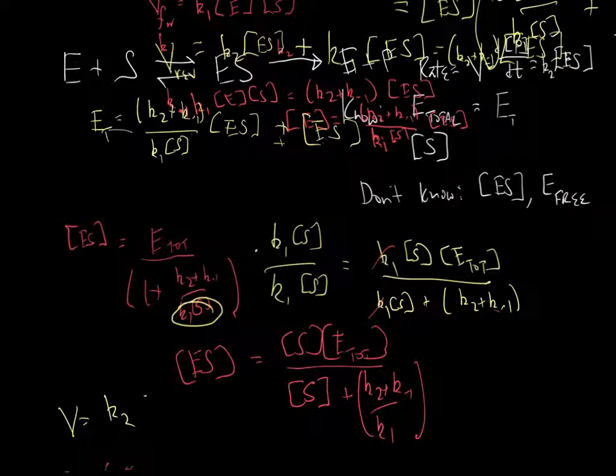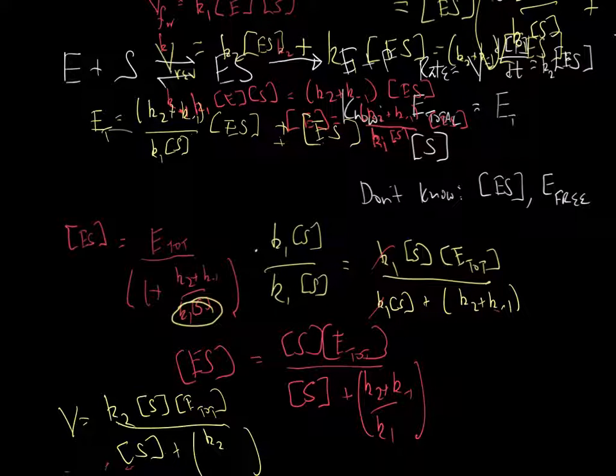So we would have k2 times S times E total over S plus all those k's, k2 plus k minus 1 over k1. Give you just a moment to write that out, and then I'll explain the importance of that.